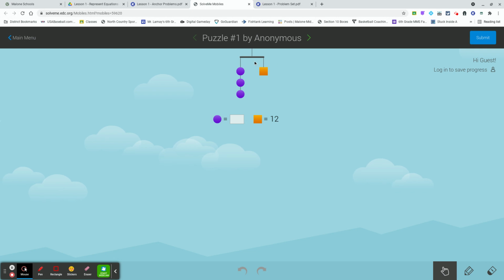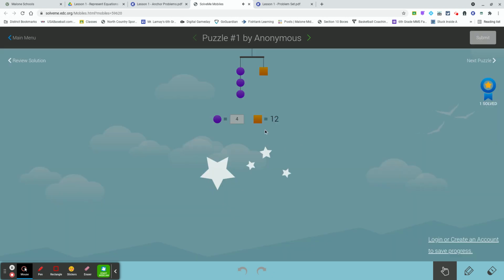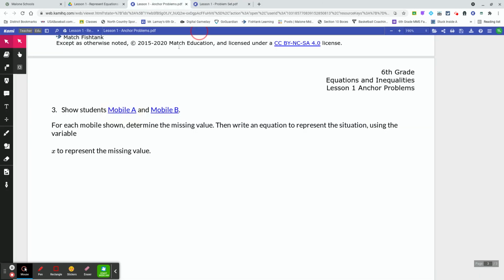That's what equations are. One side is going to be equal to the other, or balanced on the other side. This side equals 12, so this is like 3x equals 12. What is x? Well, there's 3 of them, right? So that has to equal 4, and I can submit my answer. Good.